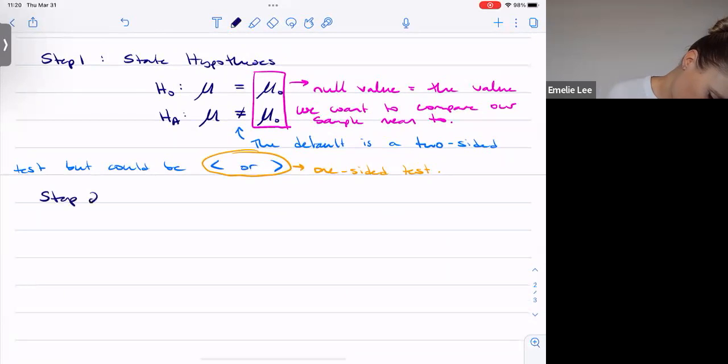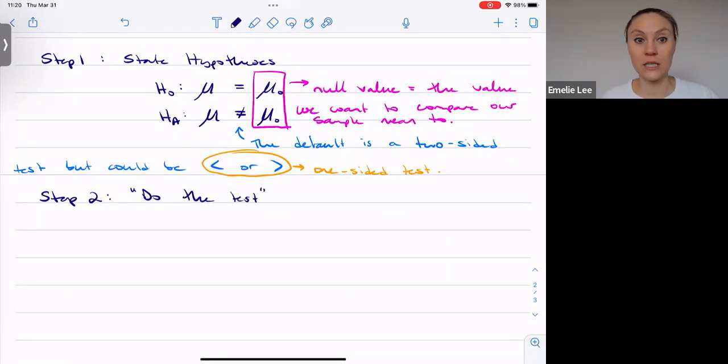Step 2 is to do the test, which I say generically, right? Doing the test really means calculate the test statistic, but usually that's a little bit intimidating. But I think we're ready to start incorporating that terminology.